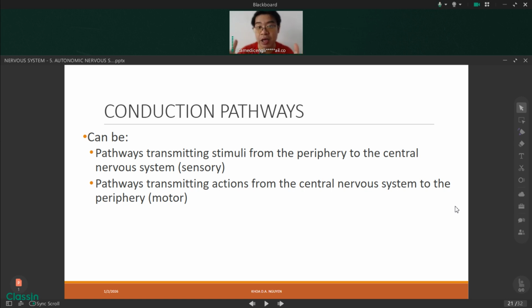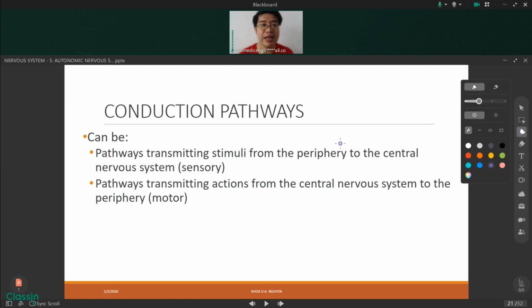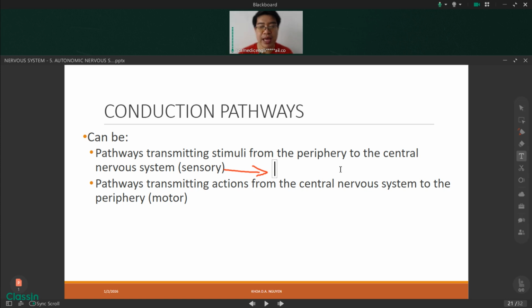Those are stimuli from the periphery to the central nervous system, so that the central nervous system can process this information. That type of pathway that goes from periphery to central is also known as the sensory pathway. Another word that we can use for the sensory pathway is afferent pathway.